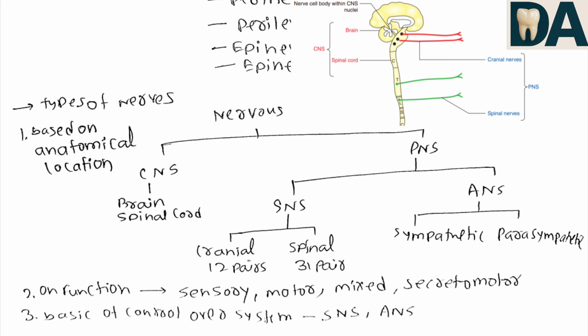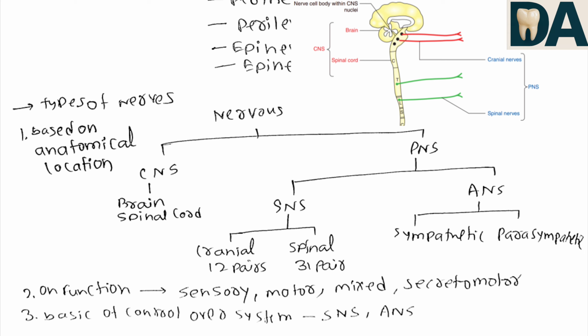They are bundles of axons that carry impulses from the central nervous system to various parts of the body and viscera. The peripheral nervous system is broadly divided into two groups: somatic nervous system and autonomic nervous system, which further subdivide.